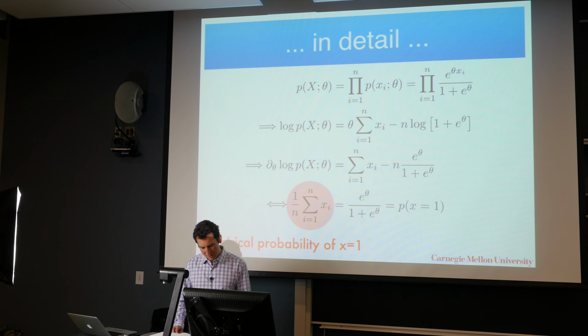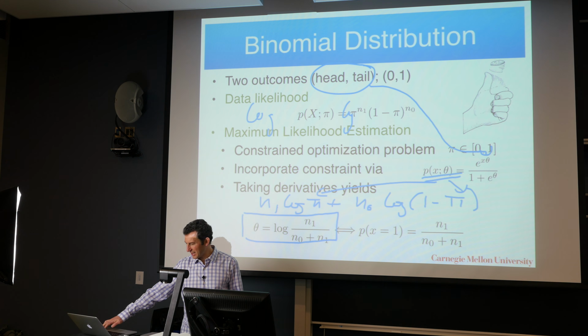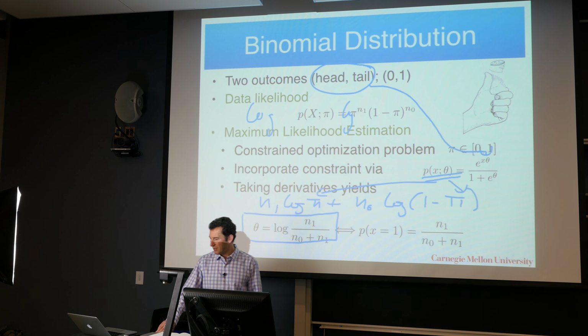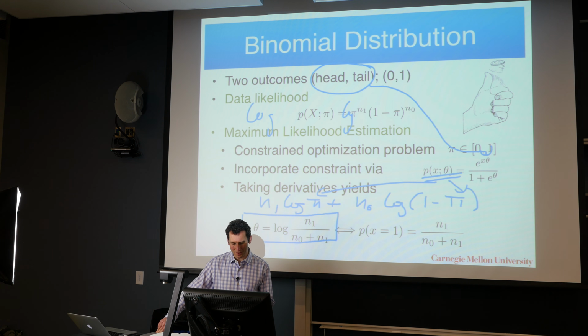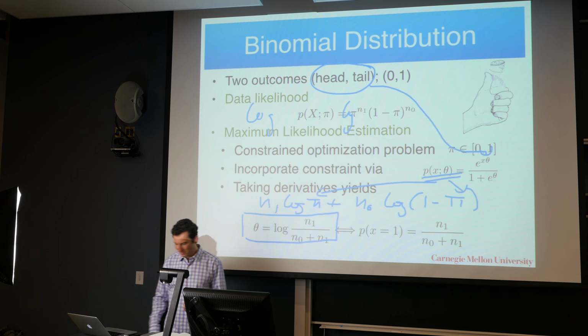If you recall the previous slide, here theta is the log of n1 over n0 plus n1. And so what can happen is that I get basically 0 over n, and that's 0, and so I get minus infinity. So things can go horribly wrong.